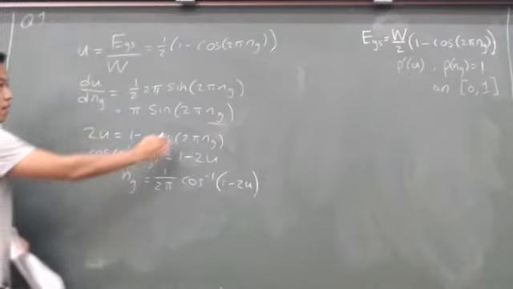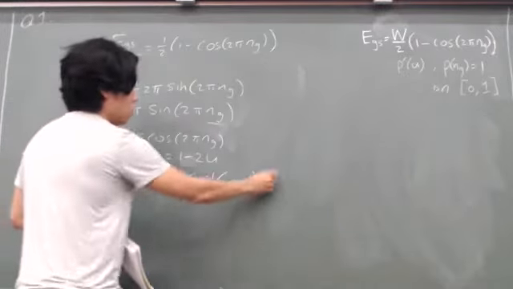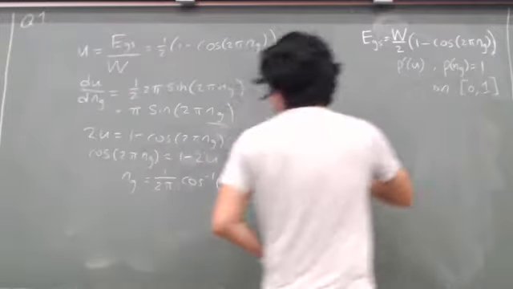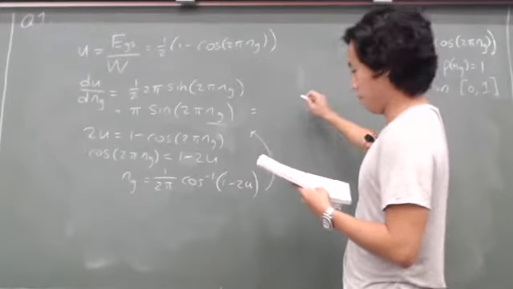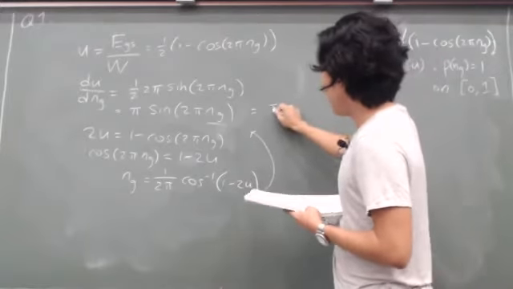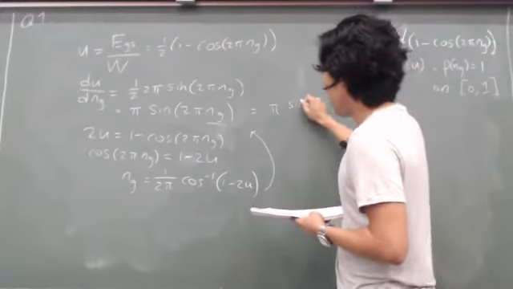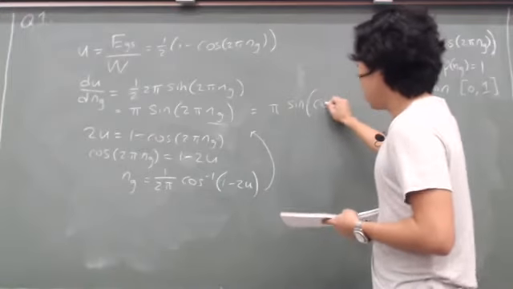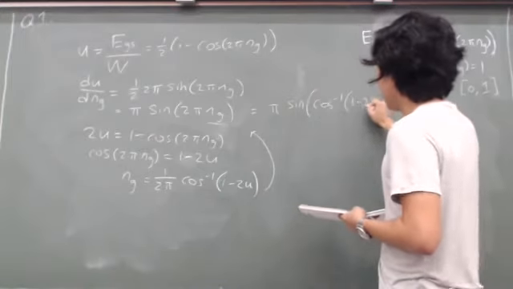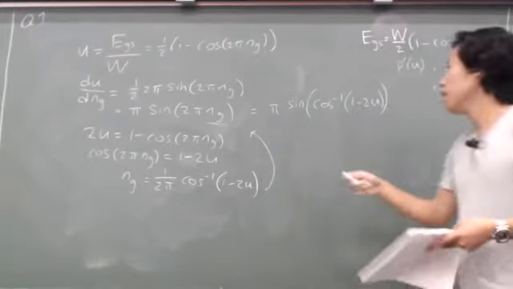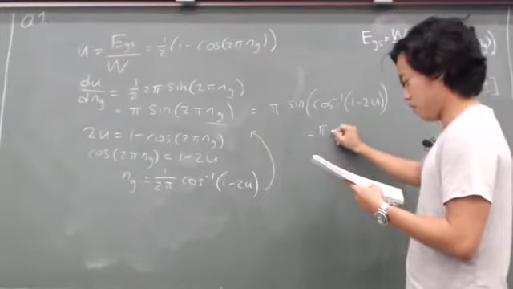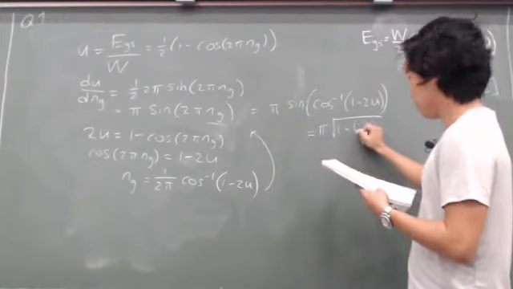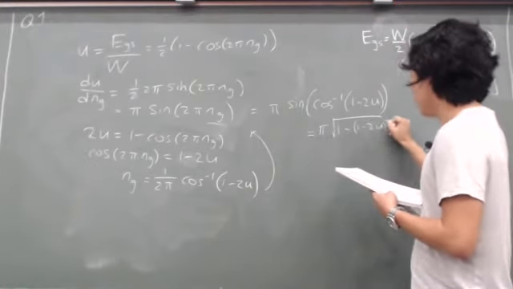So we put this inside there. So then this equals, what was it? Pi sine of inverse cos of 1 minus 2u. If you look that up on Wolfram Alpha, it equals pi times the square root of 1 minus 2u squared.